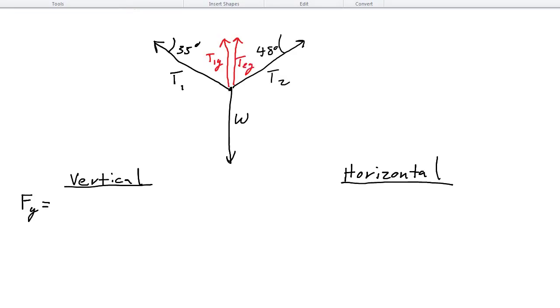Okay, and we know that according to this problem, and the fact that this point is in translational equilibrium, that all of these have to add together to equal 0. So W plus T1y plus T2y equals 0. And we know all of these add to 0 because they're in translational equilibrium.